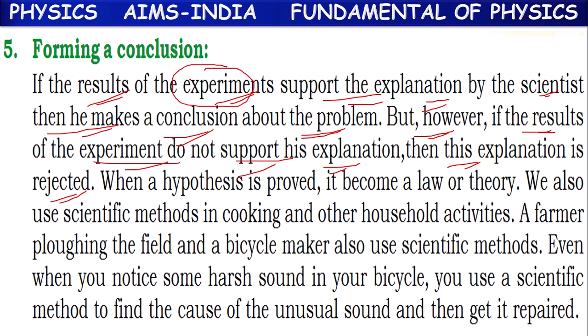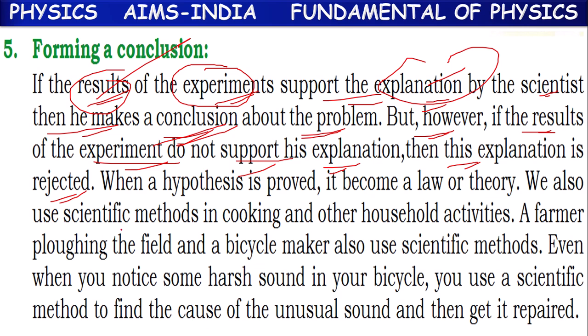After doing the experiment, if the result supports the explanation, then he will make it a conclusion. If it does not support it, he will simply reject it, and he will try to do the experiment again in another way.